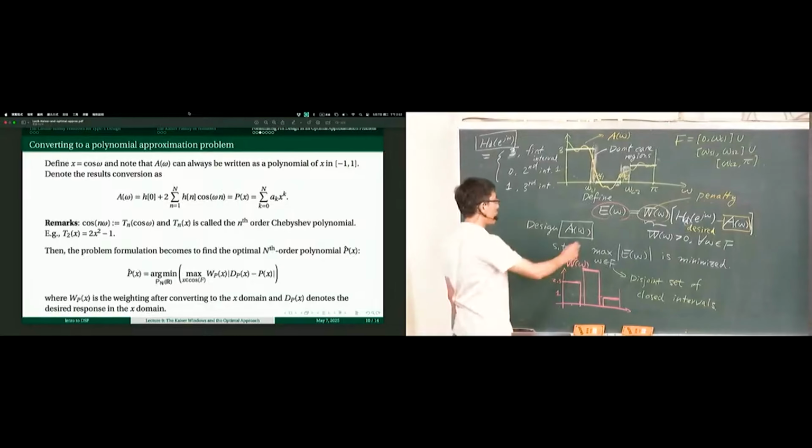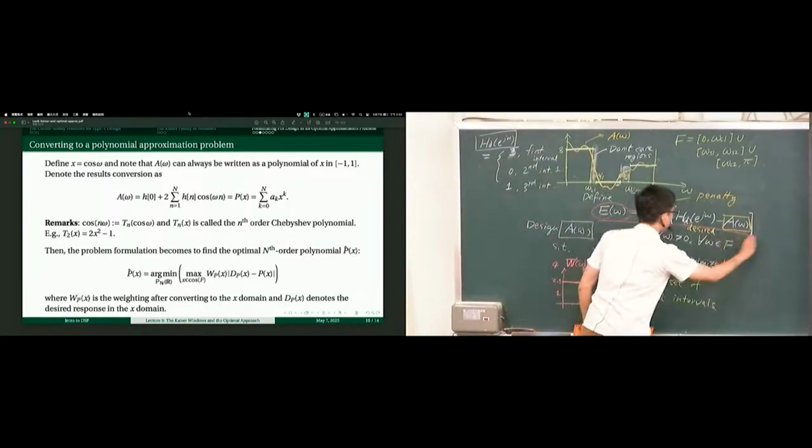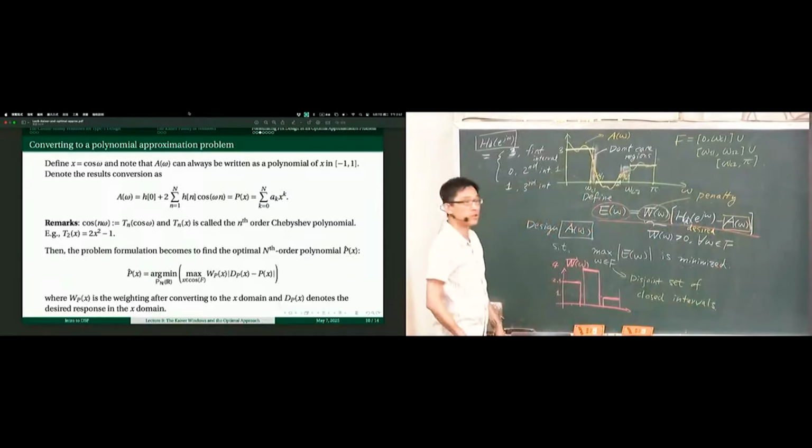So now I'll leave it as an exercise for you to make sure that you understand the meaning of weighting the error. Error can be both positive or negative, right? And weighted, and then put an absolute value around. Okay, you can try to make a plot.